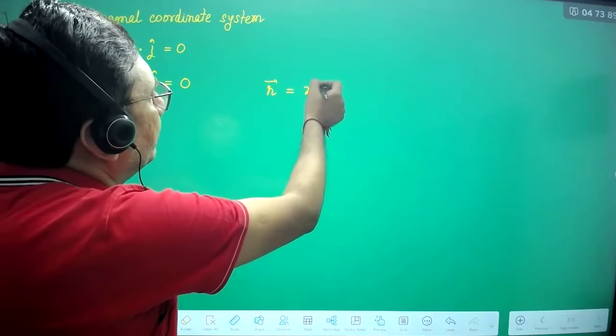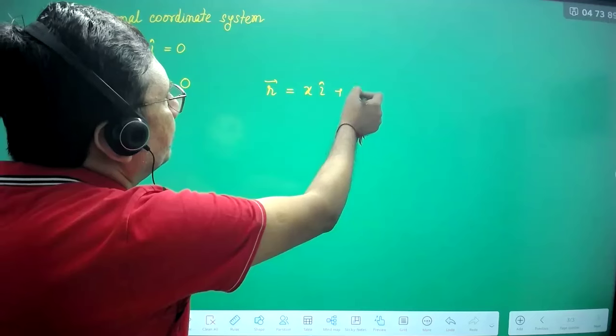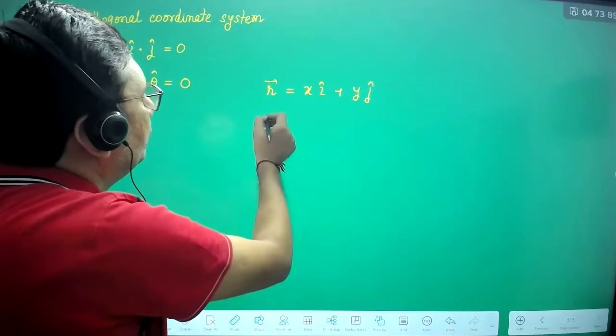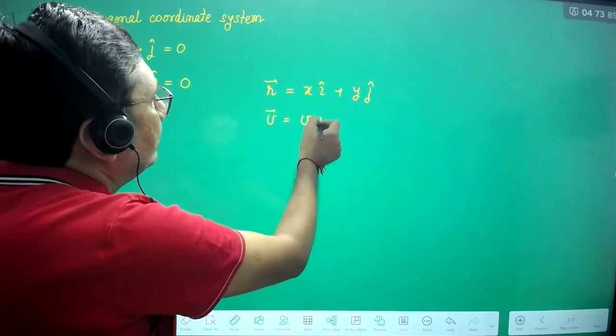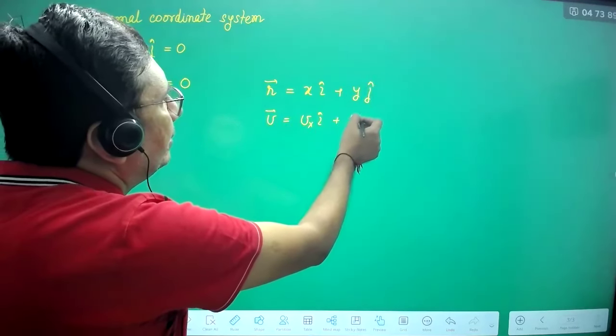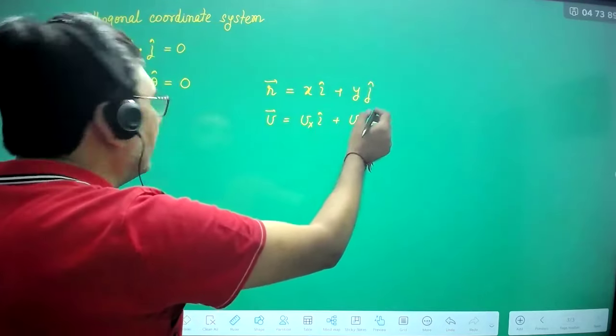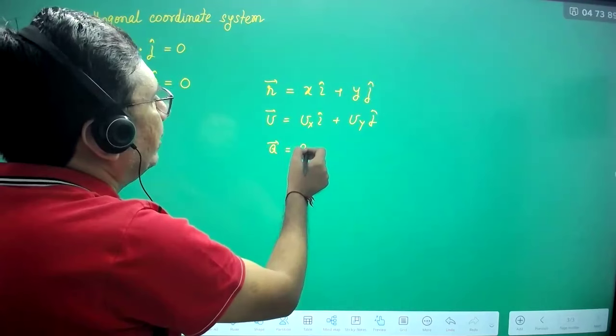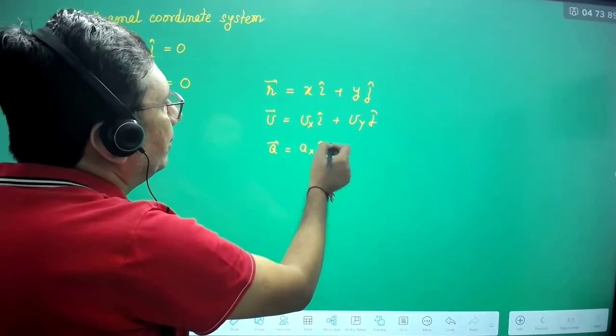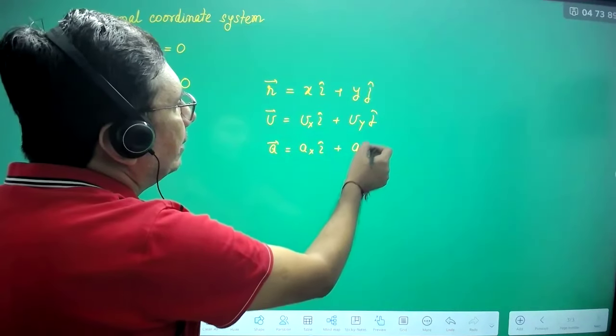Try to understand. You write the R vector as x i cap plus y j cap. You write V equal to Vx i cap plus Vy j cap. You write the A vector as Ax i cap plus Ay j cap.